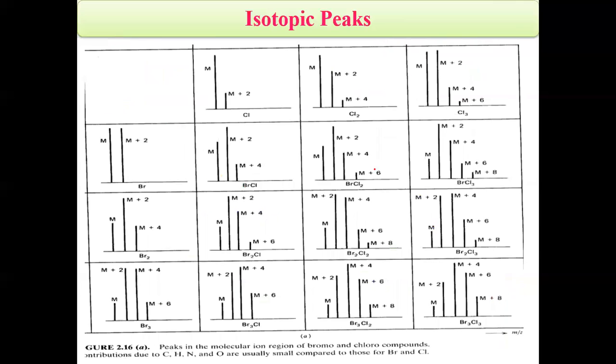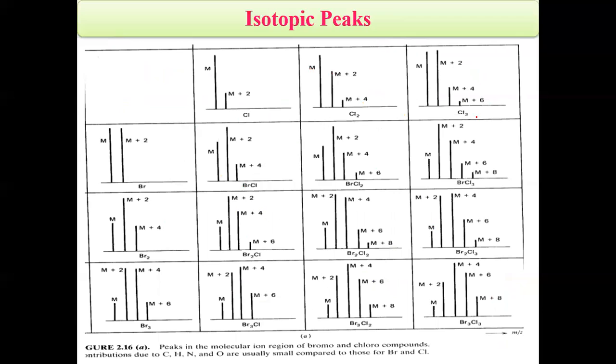These are some patterns for isotopic peaks. Look at this, depending on different elements, we can get different numbers of isotopic peaks. For one chlorine, we have M and M+2. For two chlorines, we have M, M+2, M+4.